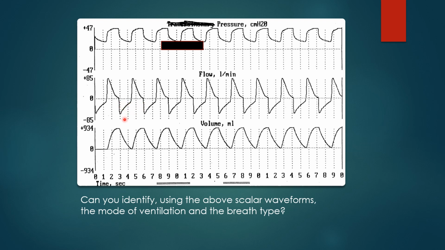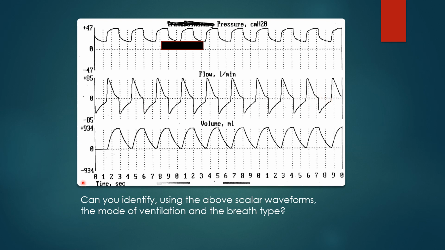Are we trapping air? Yes, we are. We don't have enough time for exhalation here, because you see the flow is still coming out of the patient when the next breath comes. We can also see that there are 1, 2, 3, 4, 5, 6, 7, 8, 9, 10 breaths, so the respiratory rate must be 20.